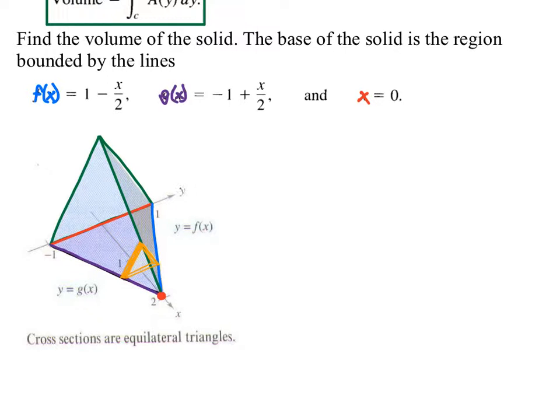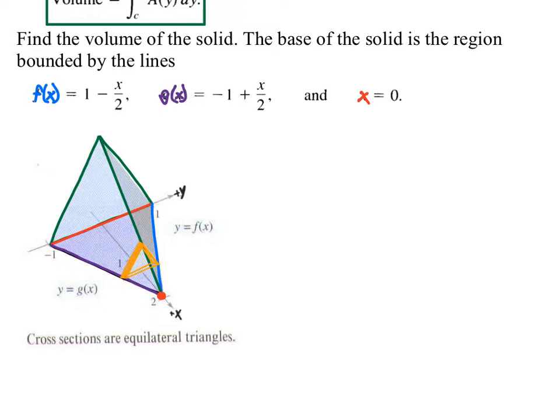Back here it says y, so that's the positive end of the y-axis. Down here it says x, so this is the positive side of the x-axis. So x equals 0 is one of the sides of the base, and then f of x is 1 minus a half x is another side of this triangular base, and negative 1 plus x over 2 is the third side of this triangular base.